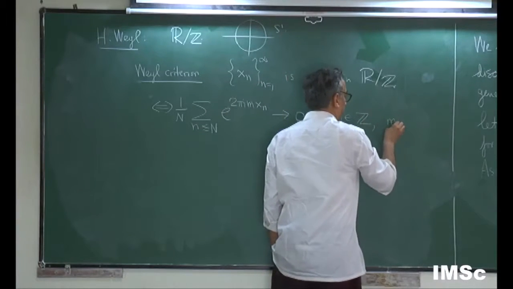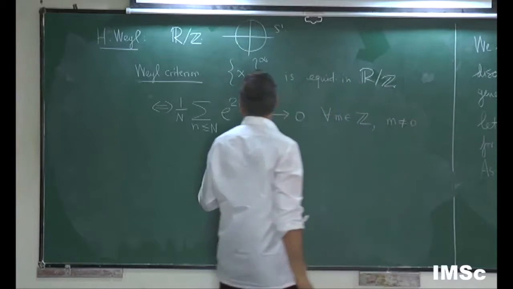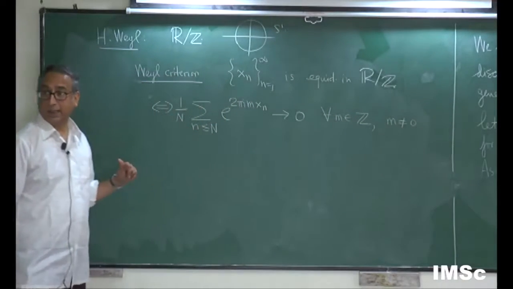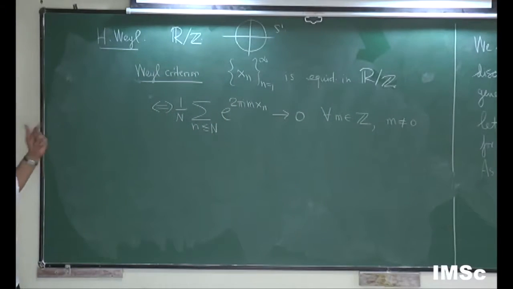M is of course not 0, because if m is 0, this is just 1. Okay, so you want this to happen.